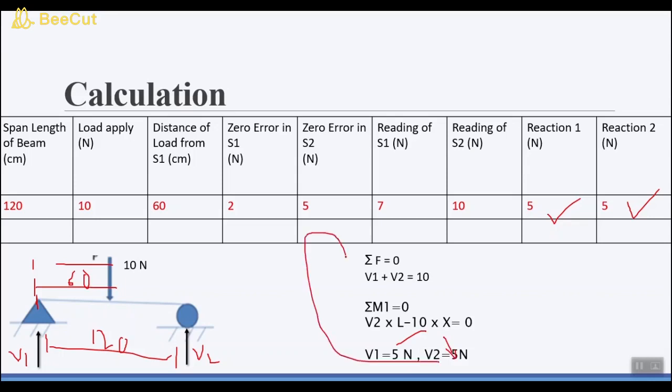Then I apply it in equation 1, so I get the other reaction, which is also 5 Newton. This is how we will perform experimental and then analytical calculation for each increment of load at varying points along the span length of the beam.